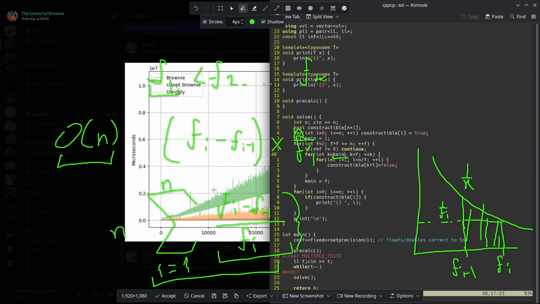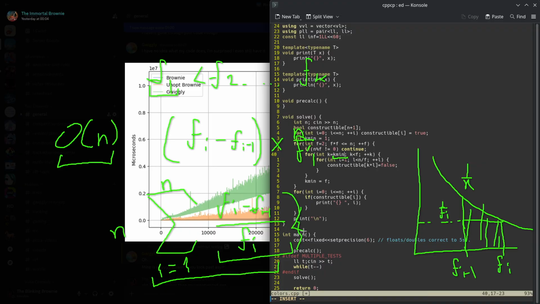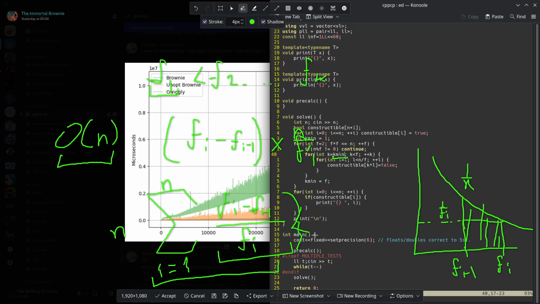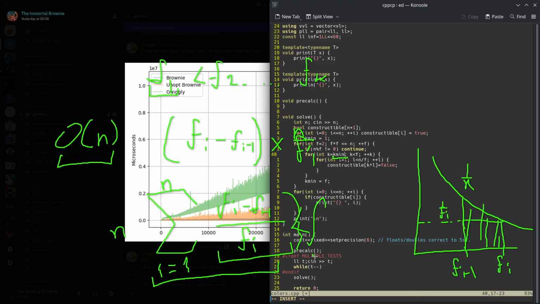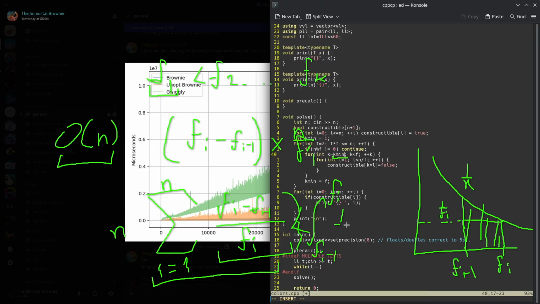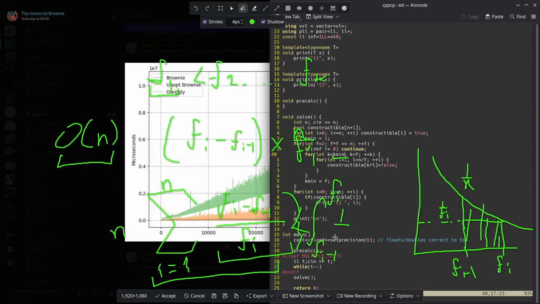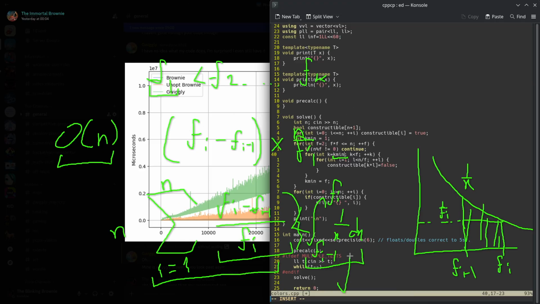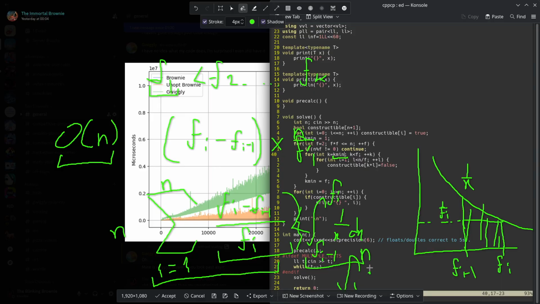So we can say that (fi minus fi minus 1) over fi is less than the integral from fi minus 1 to fi of 1 over x dx. And then you can think of this sum as the sum of all these integrals, with these bounds fi minus 1 and fi, which if you do it over all n, then you just get the integral from 1 to n of 1 over x dx.